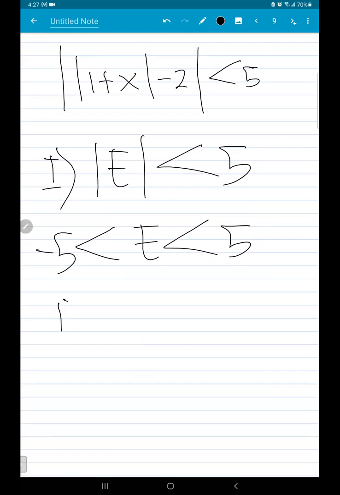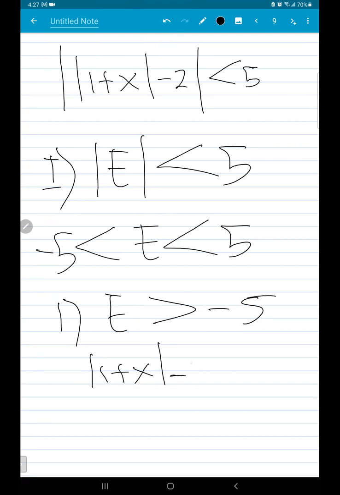Case 1, the left-hand side of the inequality. So the left-hand side, the expression, this is case 1, greater than -5. So you put back the expression, and then you solve.